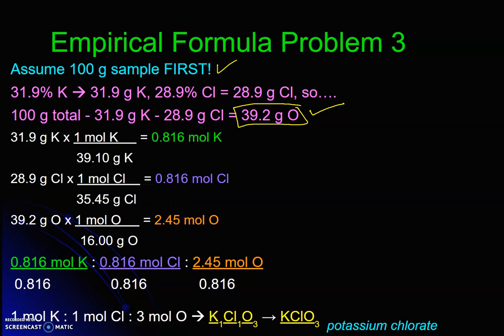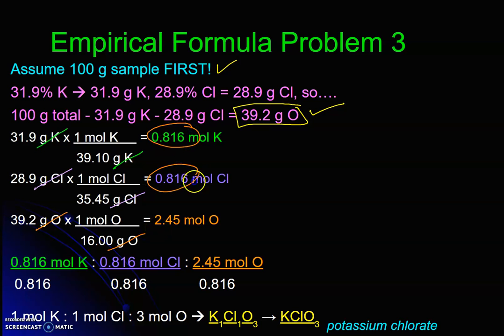So for potassium, it is going to be 31.9 divided by 39.1. And then for chlorine, it's going to be 28.9 grams divided by 35.45 grams. And for oxygen, it's going to be 39.2 grams divided by 16.